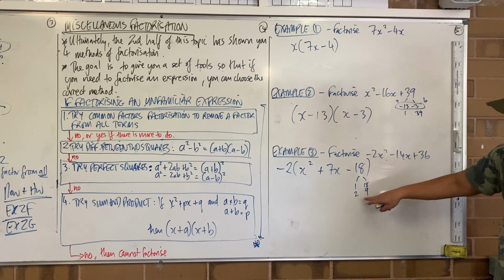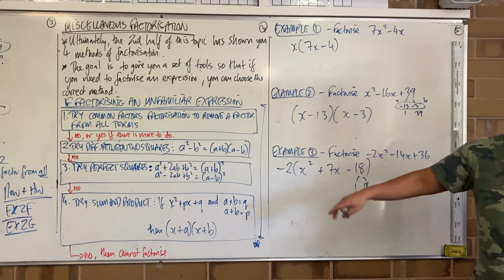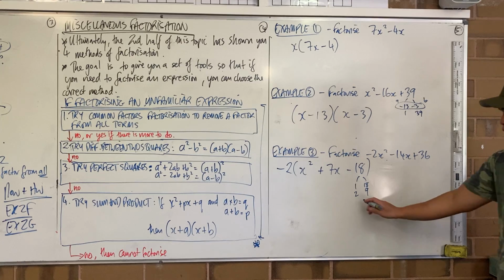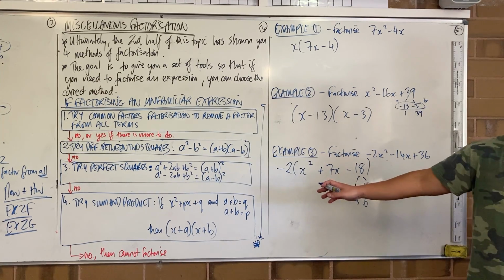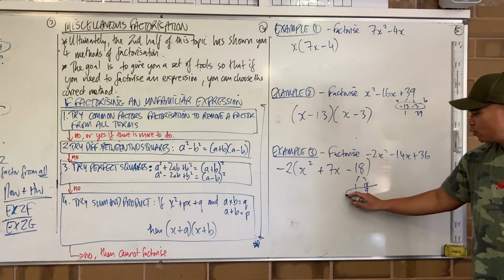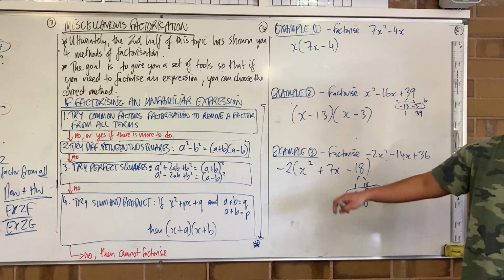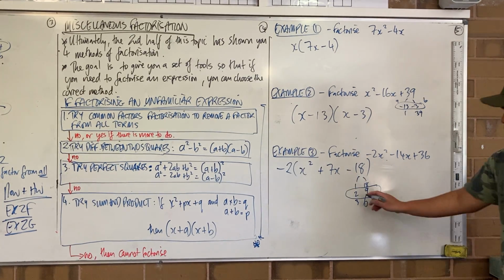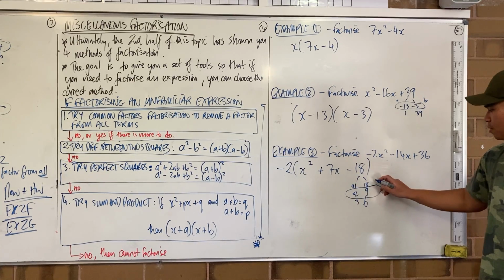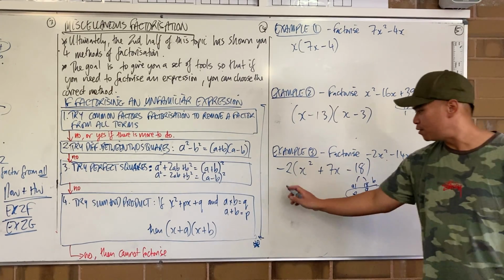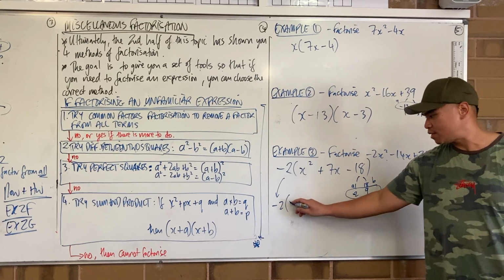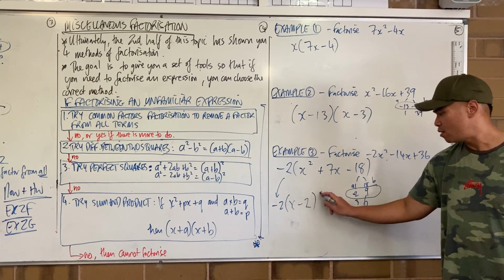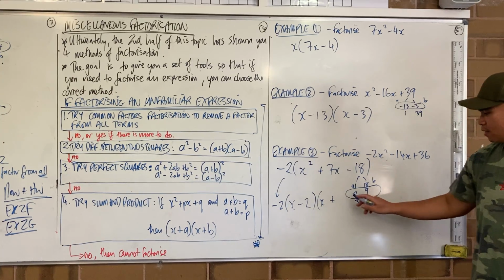And as soon as you see 2 and 9 can make me 7, stop there. Because then it would be a waste of time for you to write 3 and 6. That's not going to get me 7. What combo of 2 and 9 is going to get me positive 7? 9 take 2. So my A is 2, my B is 9. So we've got the negative 2 out the front. Bracket x take 2, bracket x plus 9.